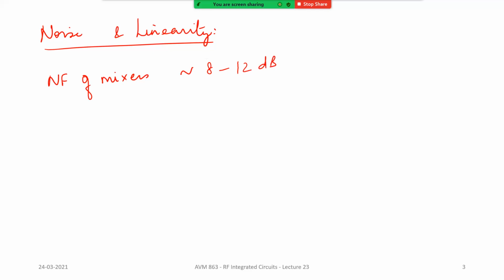All right, so the only saving thing is that the noise figure of the mixer is divided by the available power gain of your LNA, right? So if this is your LNA's gain, you also have the NF of mixer minus 1 divided by the available power gain of the LNA.